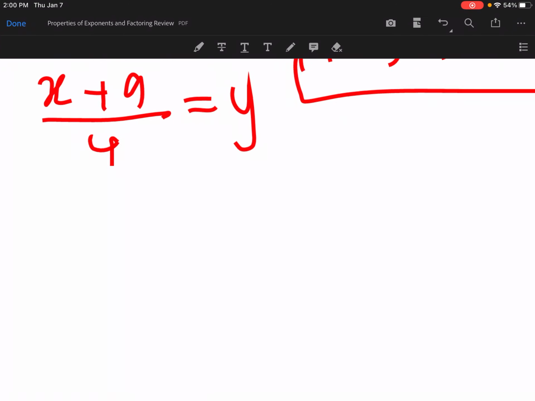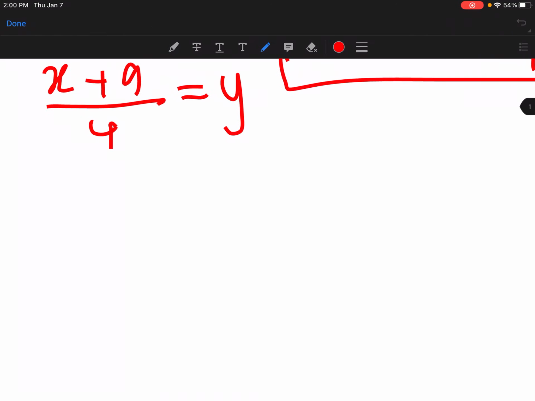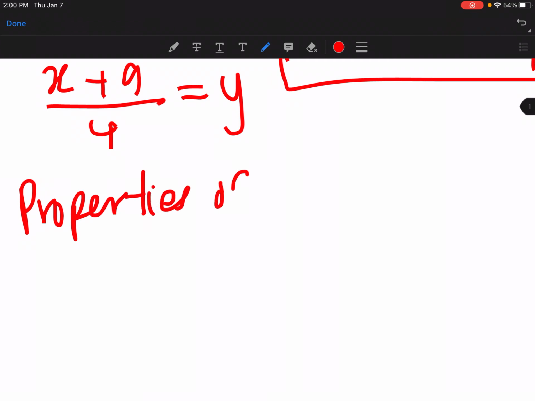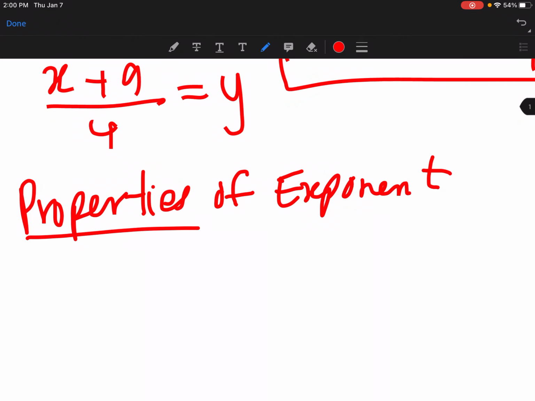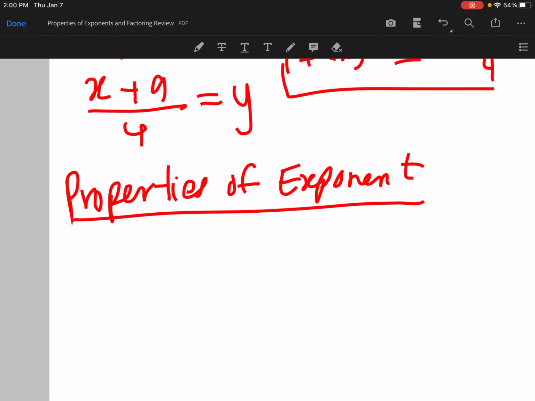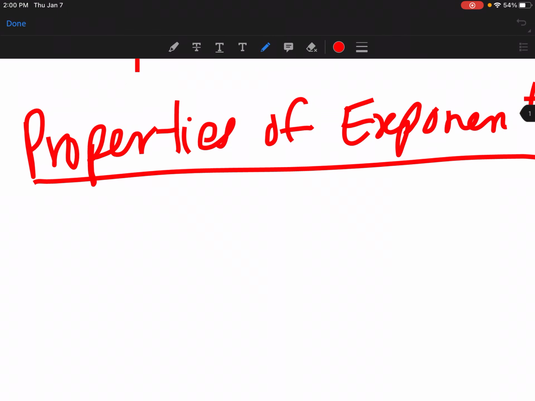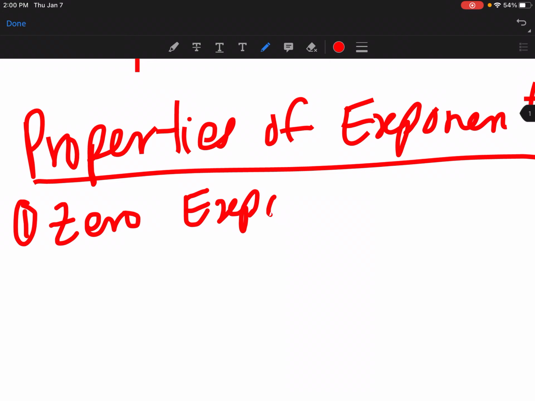All right, now we're going to start looking at the properties of exponents. Let's look at the first property of exponents. It's called the zero exponent.